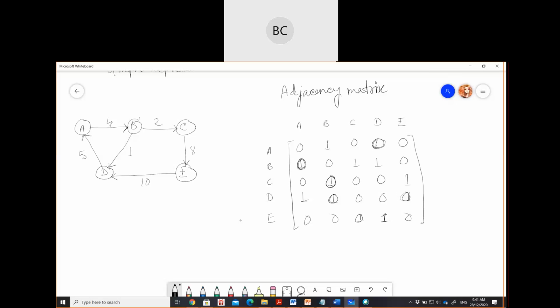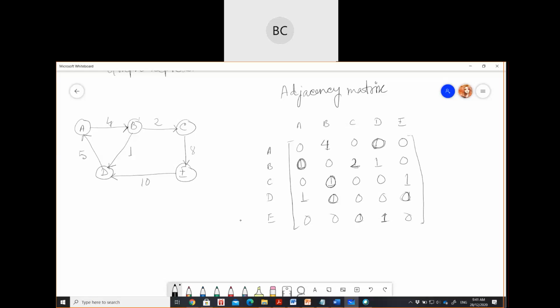So instead of 1, you are just going to write the weight of the edge from A to B. Here it's 4, so this value will be 4. From B to C the value is 2, so you are going to write 2 here. Now B to D the value is 1, so it's 1.